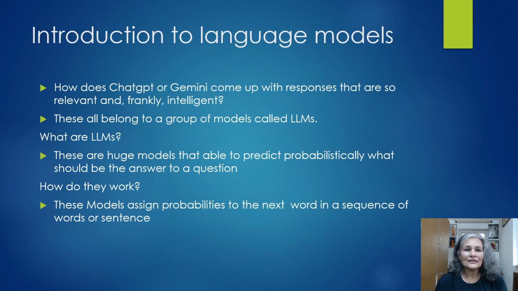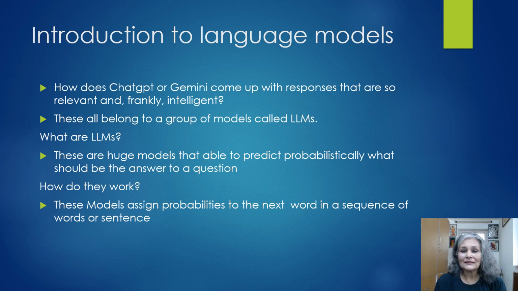So, how does ChatGPT or Gemini come up with responses that are so relevant and frankly intelligent? These belong to a group of models which are termed large language models. These models fundamentally underlie all types of generative artificial intelligence models. Now, what are large language models?